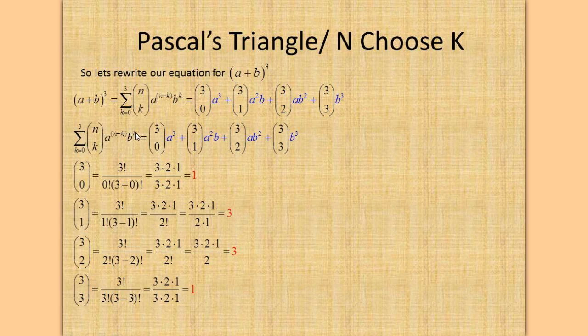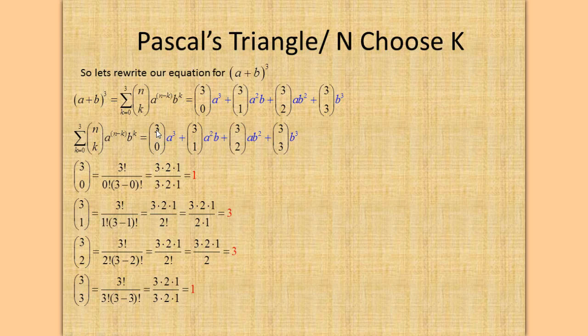Let's do this. When we start out, k equals 0 and n equals 3. Well, 3 minus 0 is 3, and b to the 0 is 1. So that's a cubed. But now we have to find the coefficient.